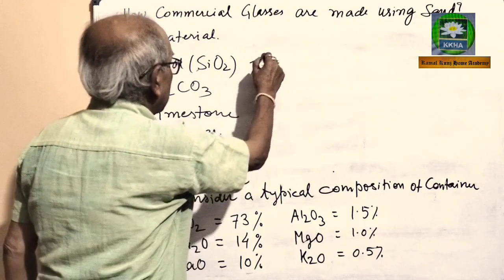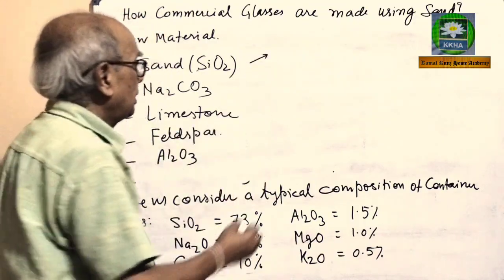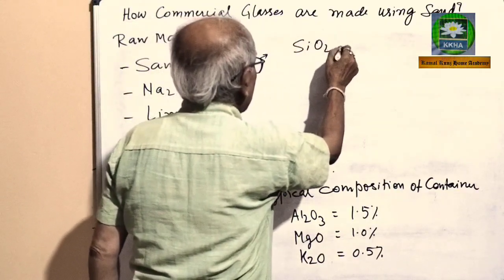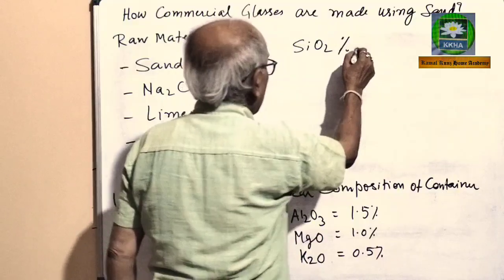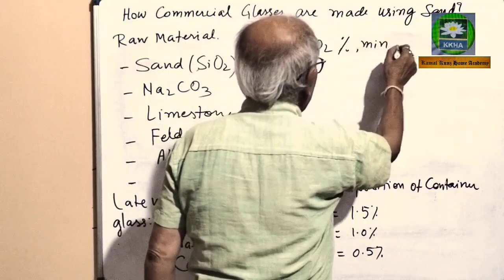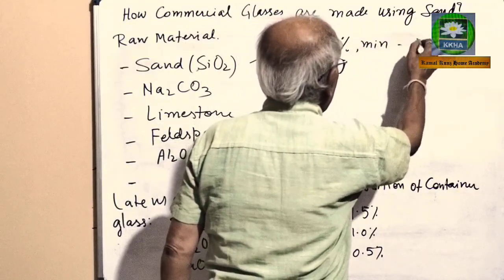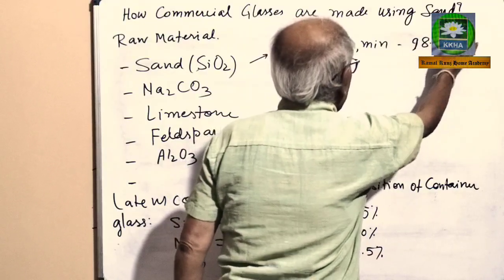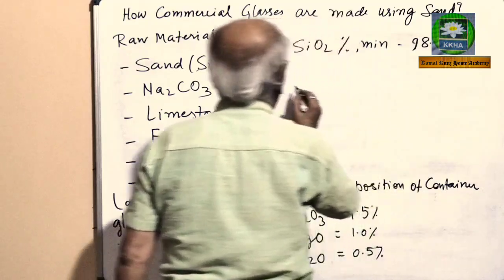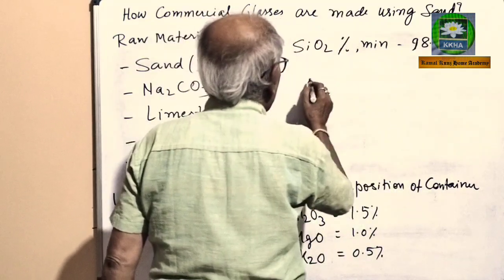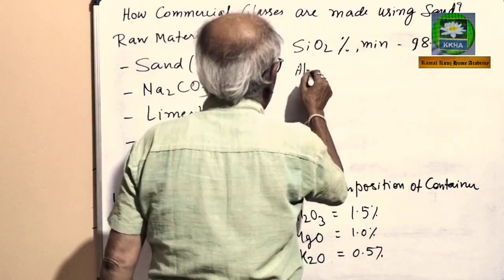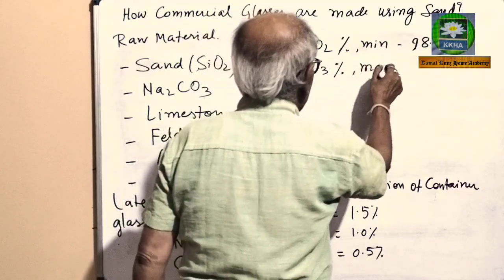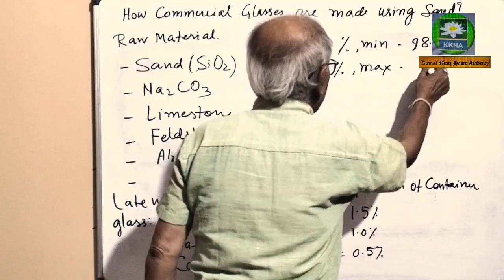Now sand should be of high purity. Silica should be minimum 98%. Alumina percentage maximum 1.5%.